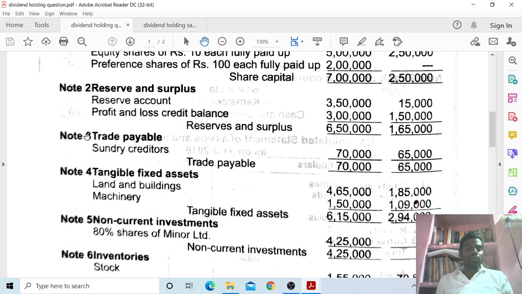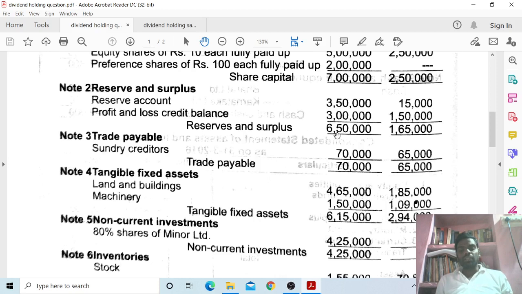Next, note number 2, reserves and surplus. Reserves account: 3,50,000 Major company and 15,000 Minor company. Profit and loss account credit balance: 3 lakh Major company, 1 lakh 50,000 Minor company.